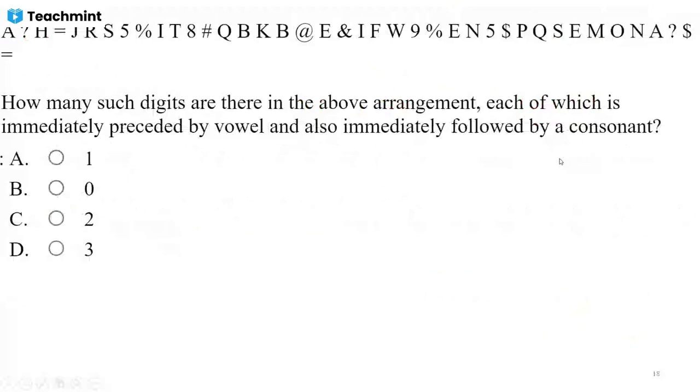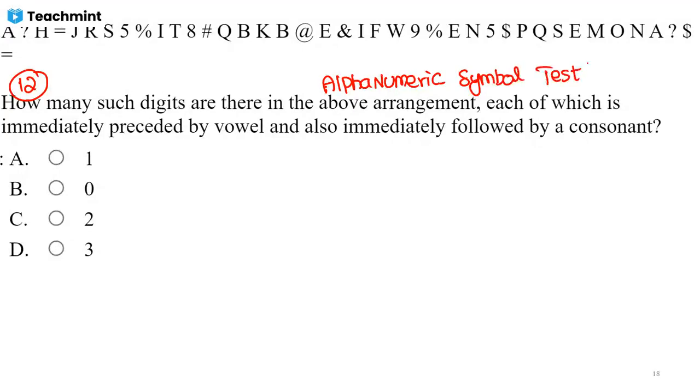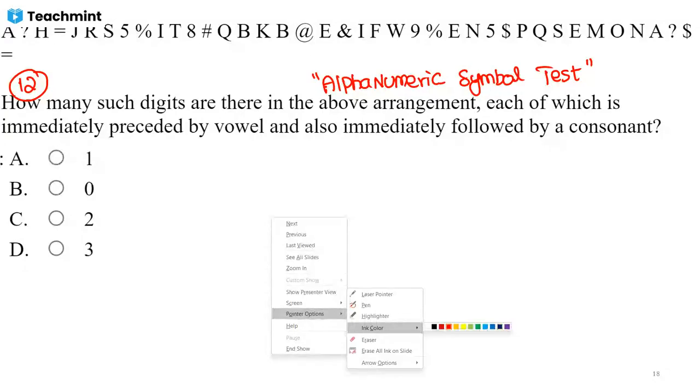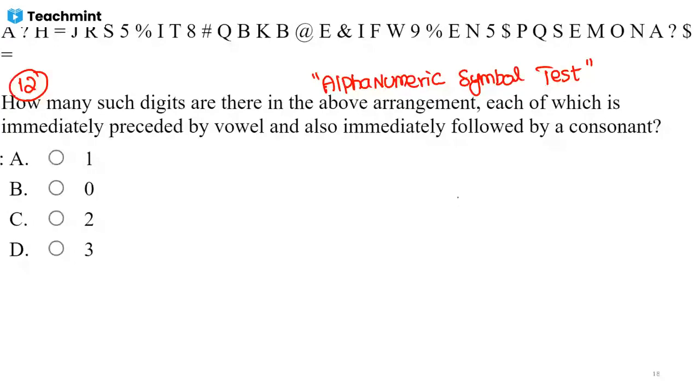This is the 12th reasoning question, which we can call an alphanumeric symbol test. Here alphabets are there, symbols are there. Here they gave a condition: how many digits are there immediately preceded by a vowel and followed by a consonant immediately.